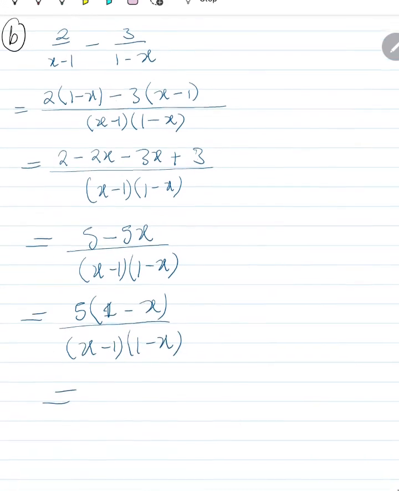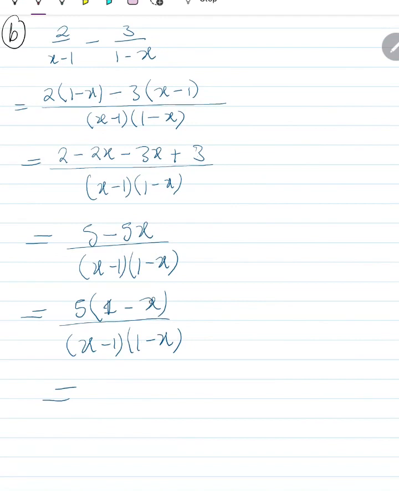So x minus 1, 1 minus x, and 1 minus x goes away. You remain with 5 over x minus 1. All right.